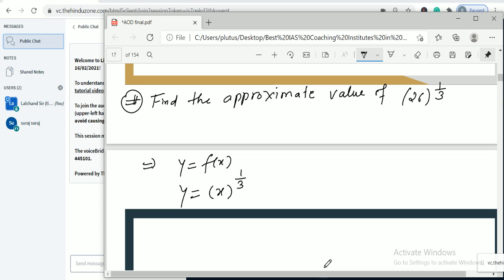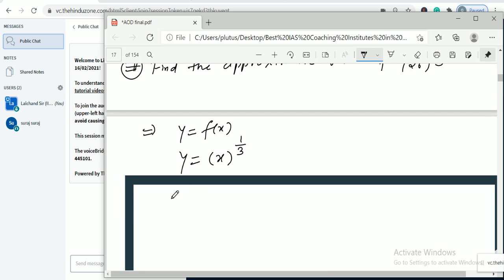Now can you find out what is the value of x and delta x? So if we write this as y equal to 27 minus 1 to the power 1 by 3, we can say our x value is 27 and delta x value is minus 1, isn't it?